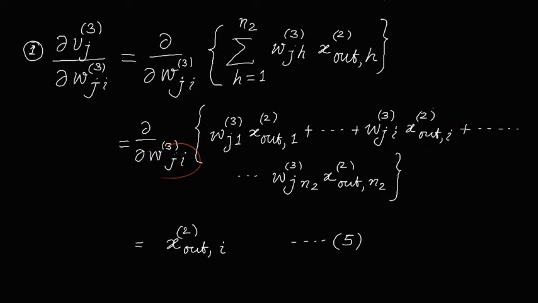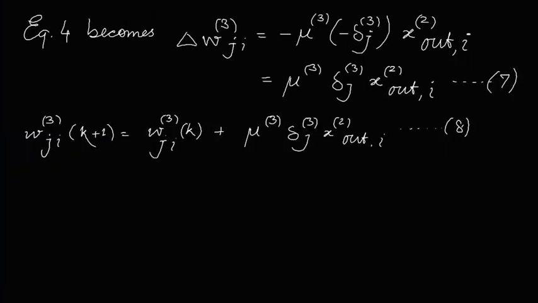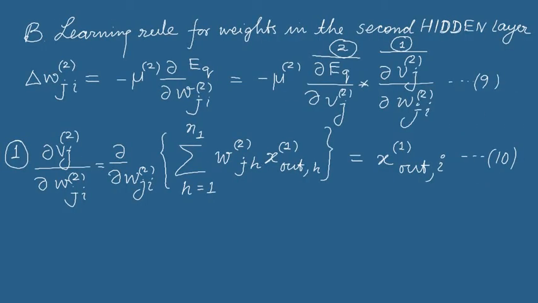The partial derivative with respect to this gave us x out i2. So similarly here in this case also we will get x out i, but here the superscript will be 1.